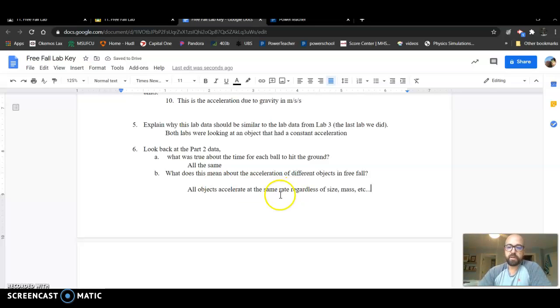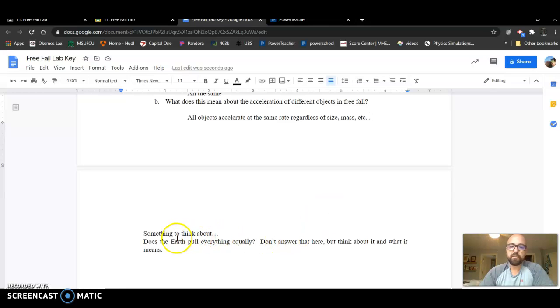In free fall, remember, we're neglecting air resistance, but some kids, it was only a handful, said, oh, big, heavier things will fall faster. I've usually commented on there, no, because that is the most wrong thing you could think about in this. You want to really have an understanding that all objects will accelerate at the same rate, and that's 10 meters per second squared, regardless of their size and mass.